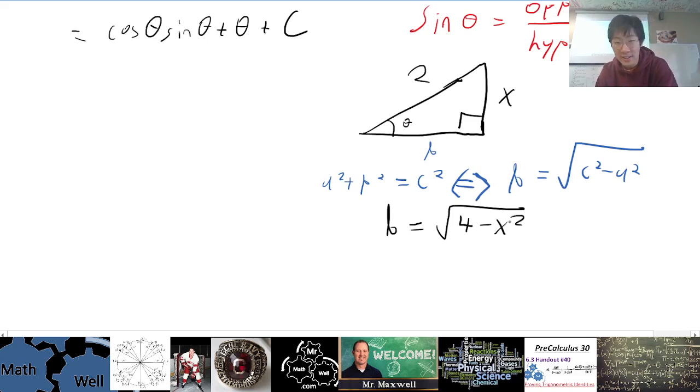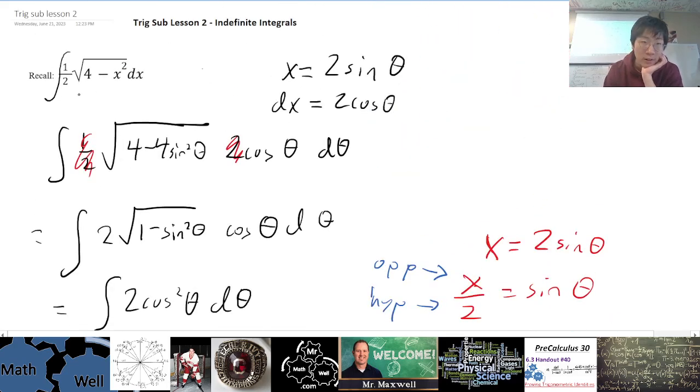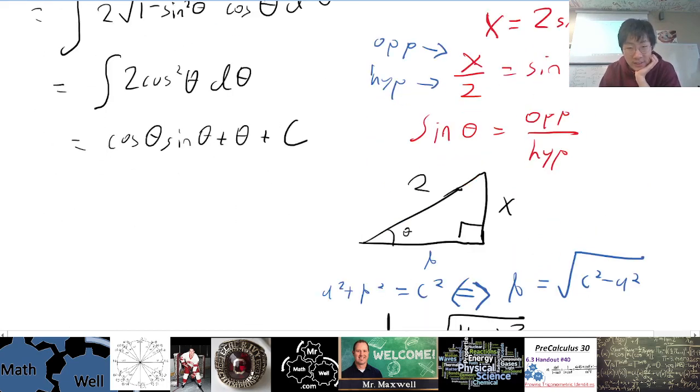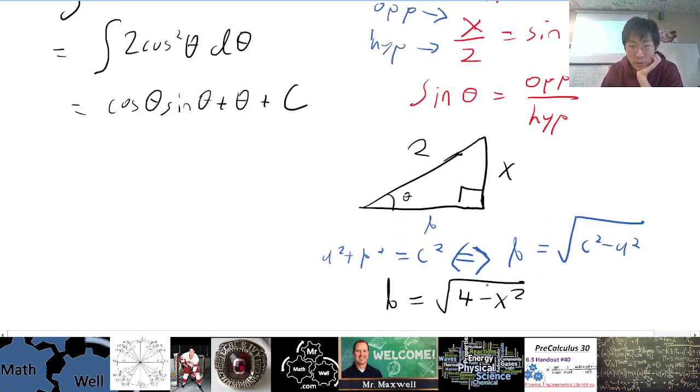Interestingly enough, this radical on the adjacent side of our triangle is the same radical in our original question. That's a thing that happens every single time you do trig substitution. If you make this triangle and you don't see your original radical on one of these 3 legs, then you have done something wrong. Either the numbers in the triangle are wrong, or the numbers you substituted were wrong, but something is wrong. But in this case, we do have the right thing.